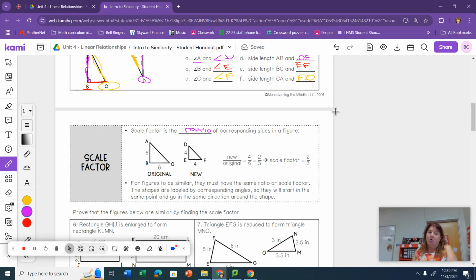Okay. So for figures to be similar, they must have the same ratio or the same scale factor. The shapes are labeled by corresponding angles, so they will start in the same point and go in the same direction around the shape. Okay, so let's see what they're talking about here. So like 4, 6. So this 4, 6, let's just do this one.